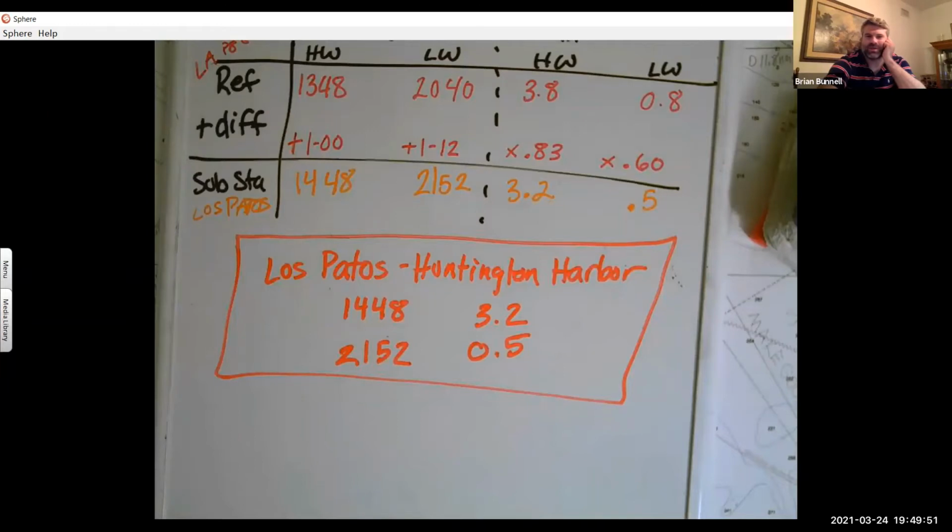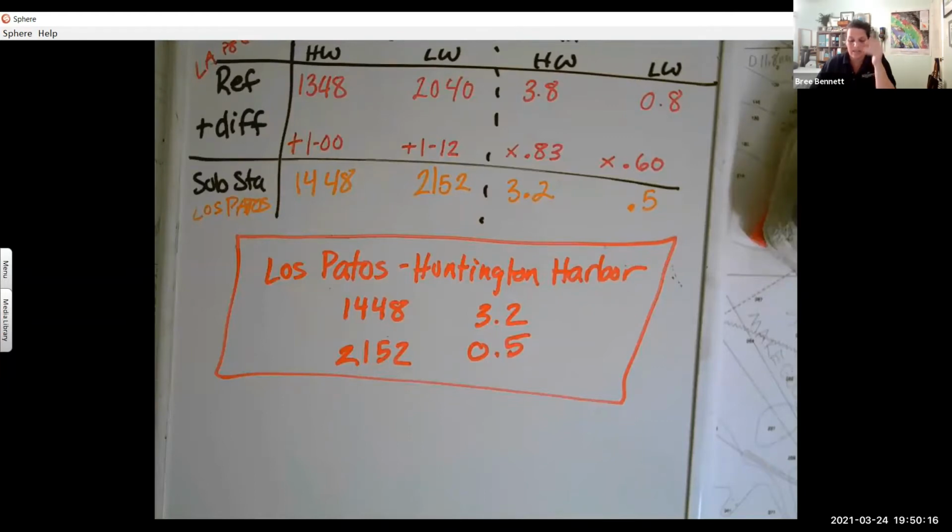Why is there such a big difference between Huntington and Newport? I think this is just the way that the water moves into Huntington Harbor versus Newport. I'm not exactly sure where they get all these differences from. I want to say it's mostly location.